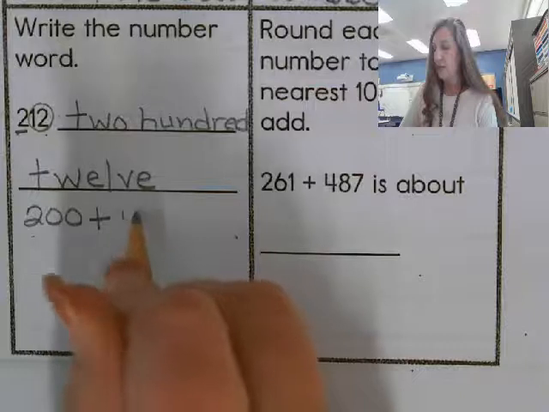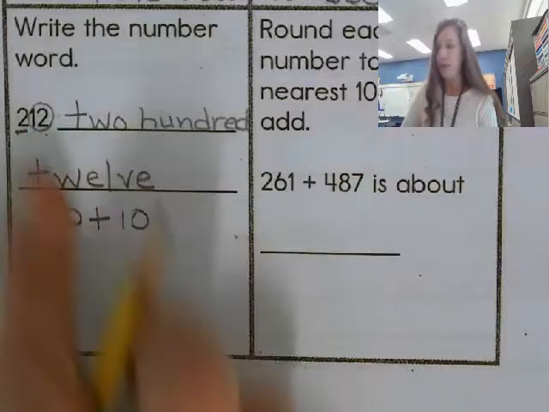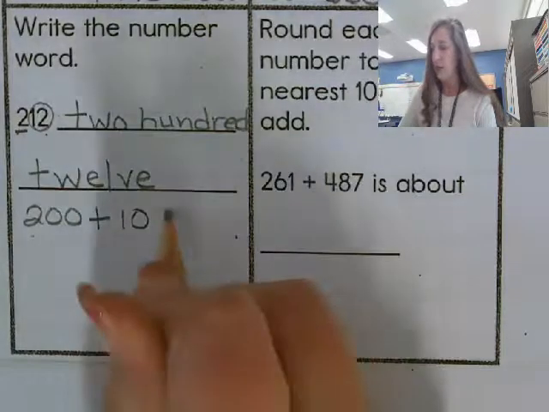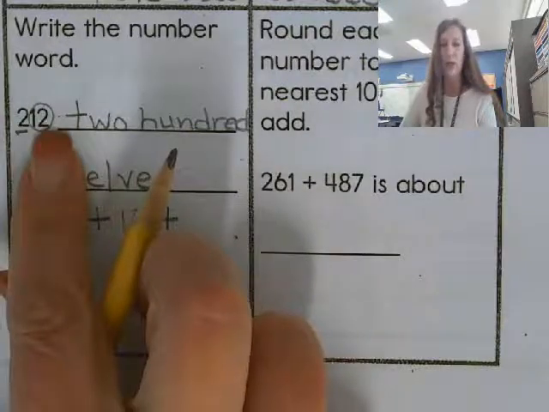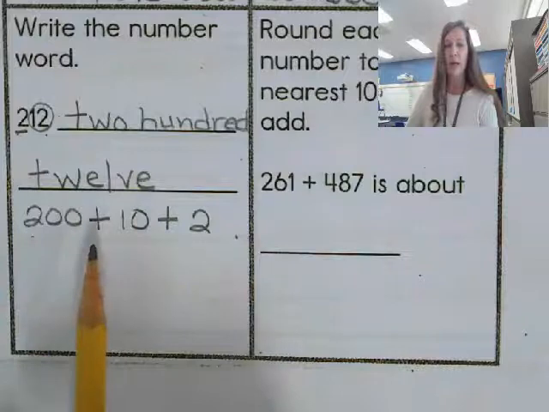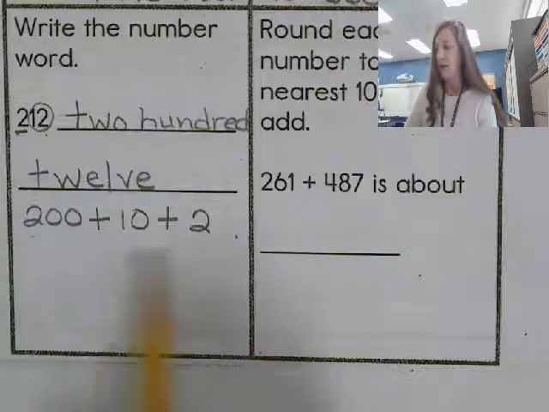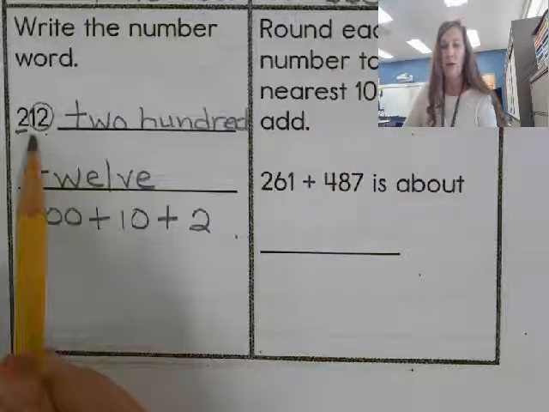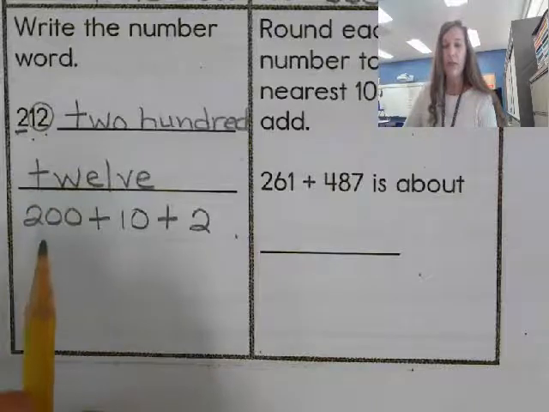The 1 digit has a value of 10, and the 2 digit has a value of 2. So when I add this number back together from expanded form to standard form, it's still going to mean 212.